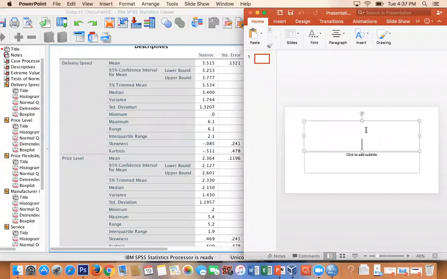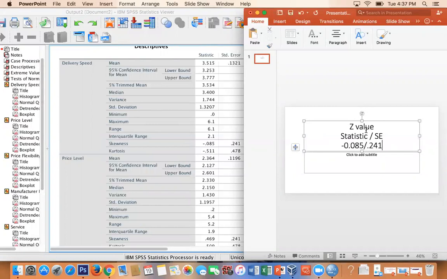In this case, the way to determine it is with a z-value. You need to calculate a z-value. How do you calculate a z-value? The z-value is nothing but the statistic divided by the standard error. In this case, your statistic is minus 0.085 divided by 0.241.